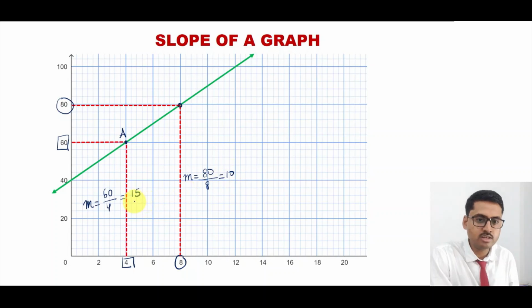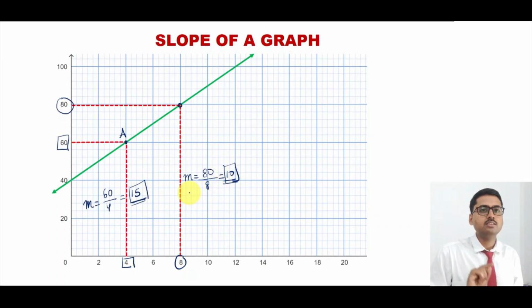You can see the slope is varying. The slope is coming as 15 and now it is coming as 10, but for a straight line the slope cannot change. The slope has to be constant, but here I am getting a different answer because the method of finding the slope is wrong. Let us take one more point for reference.